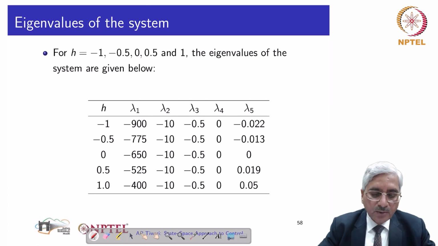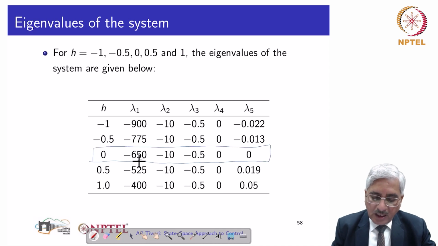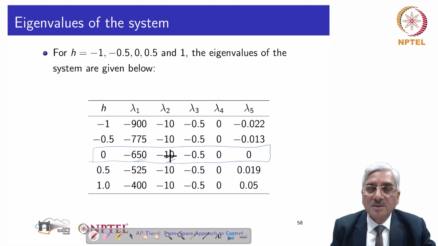Now we first look at the eigenvalues of the system, of the differential equations at equilibrium, that equilibrium is H equal to 0. It has one large eigenvalue, this also large, this is close to the origin but negative, and two eigenvalues at the origin.